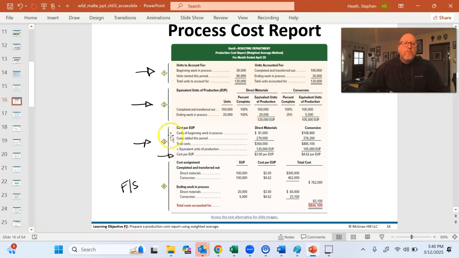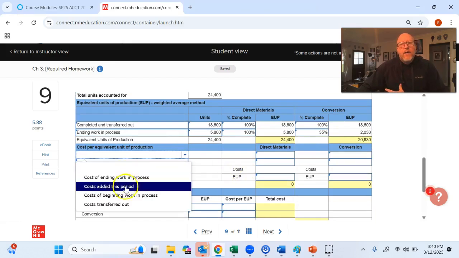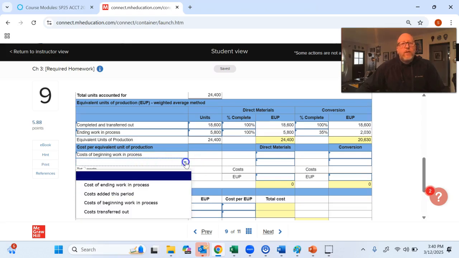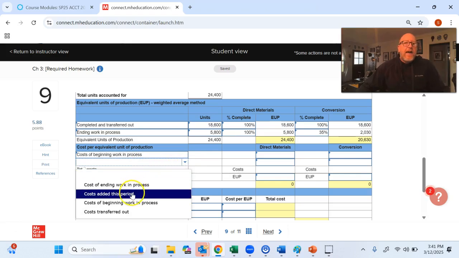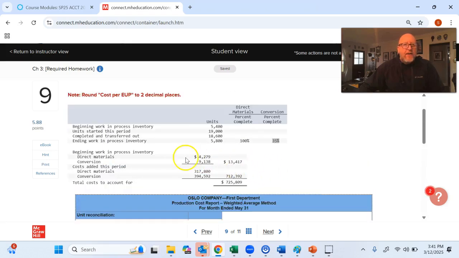Okay, now we're doing step 3. The cost, let's just account for the costs. Again, I am going to account for all the costs that I had on hand at the beginning of the period, and then I'm going to account for all of the costs that I added during the period. Now, the costs that I had at the beginning of the period, my material cost, 4,279.